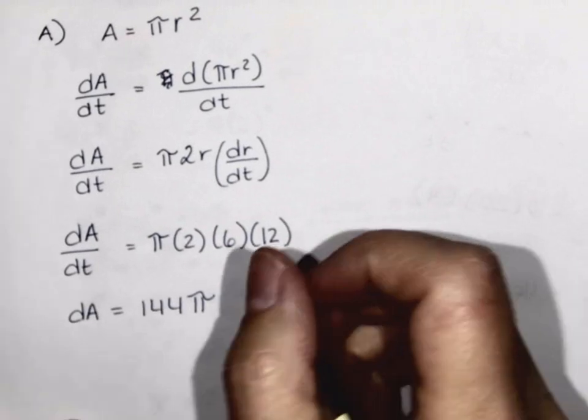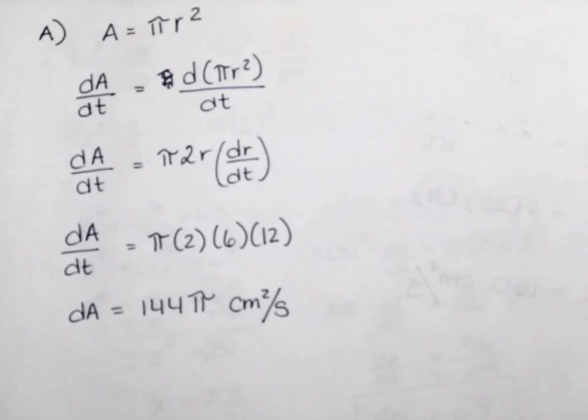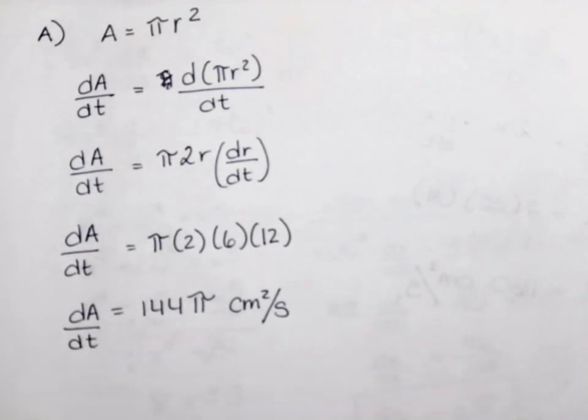Centimeters squared per second. Oh, sorry, I forgot the dt, thank you. So the area is increasing at a rate of 144 pi as the radius of the circle increases by 12 centimeters per second.